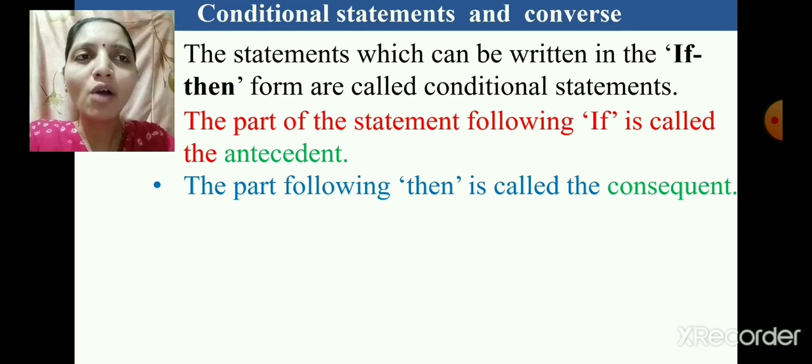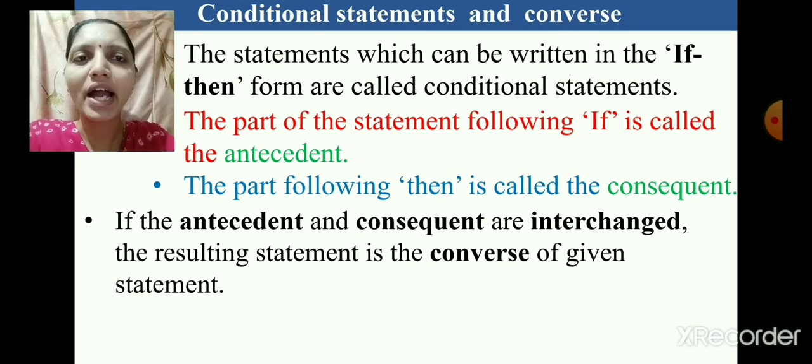Now how to write the converse of any conditional statement? If the antecedent and consequent are interchanged, the resulting statement is called the converse of the given statement. That means if you interchange the antecedent and consequent part, then whatever statement we get is called the converse of the given statement.